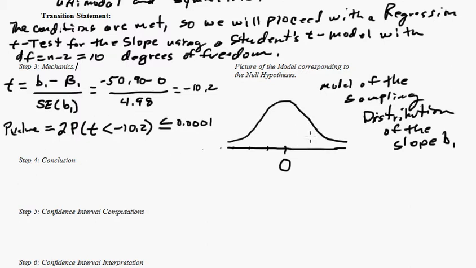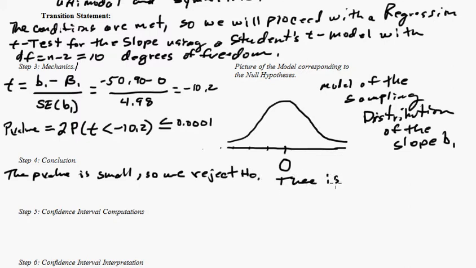We have everything. So we can say that the p-value is small, so we reject H0.